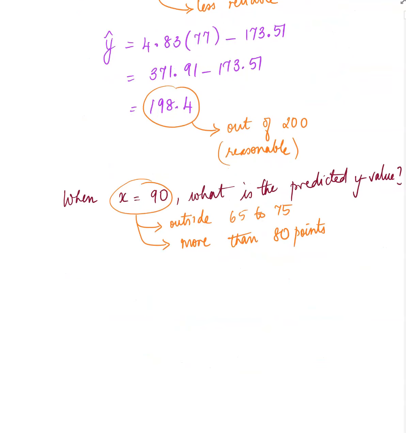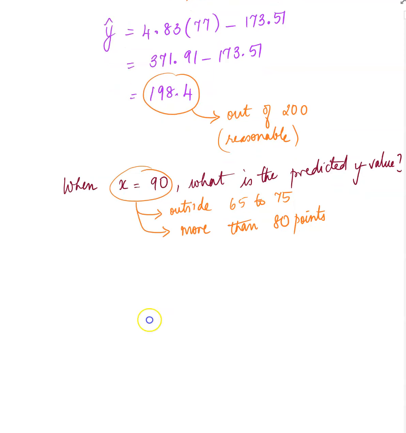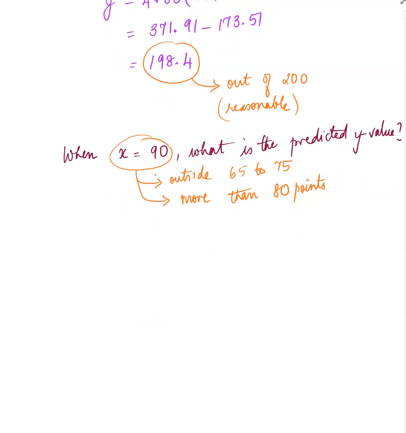I've seen some places where extra credits are added on these scores so that it's more than 80, so they get more than 100%, which is mathematically jarring. But say x was 90. Can you predict y? So let's see what happens when you predict y. So y hat will be 4.83 times 90 minus 173.51.